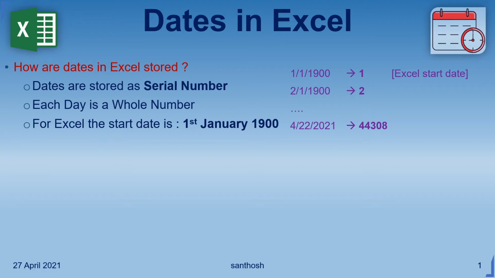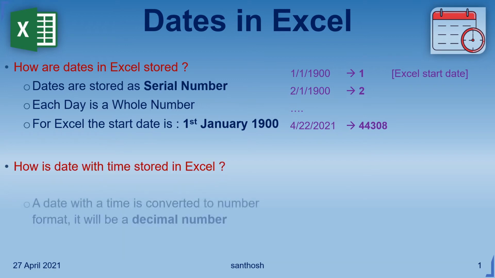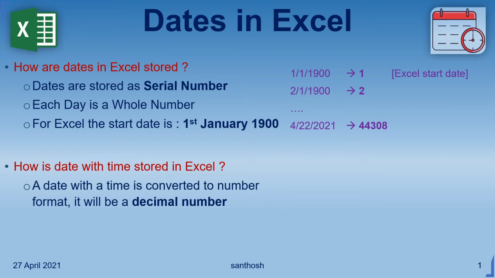So how is a field with date and time value stored? In this case, the date with time field will be converted into a decimal number, and the decimal part of this number contains the time value.